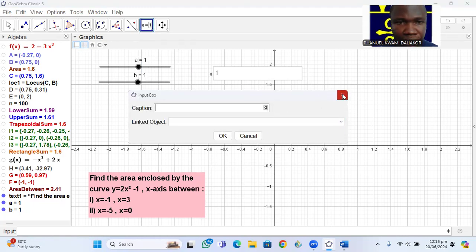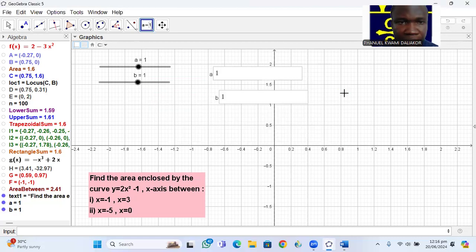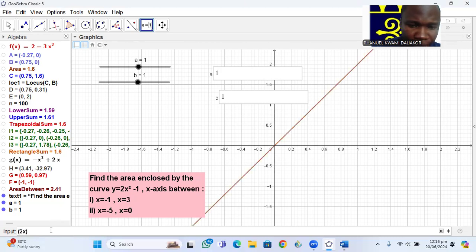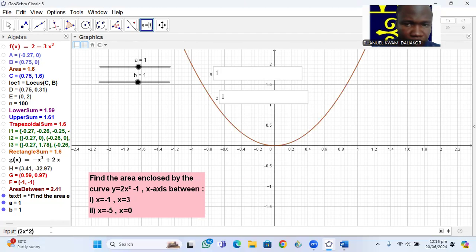For my function, first let me create it. What's my function? The function is 2x squared minus 1.